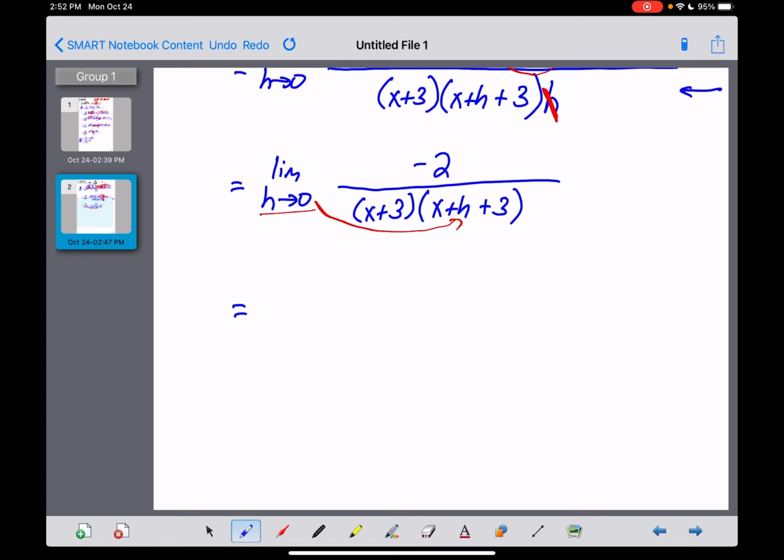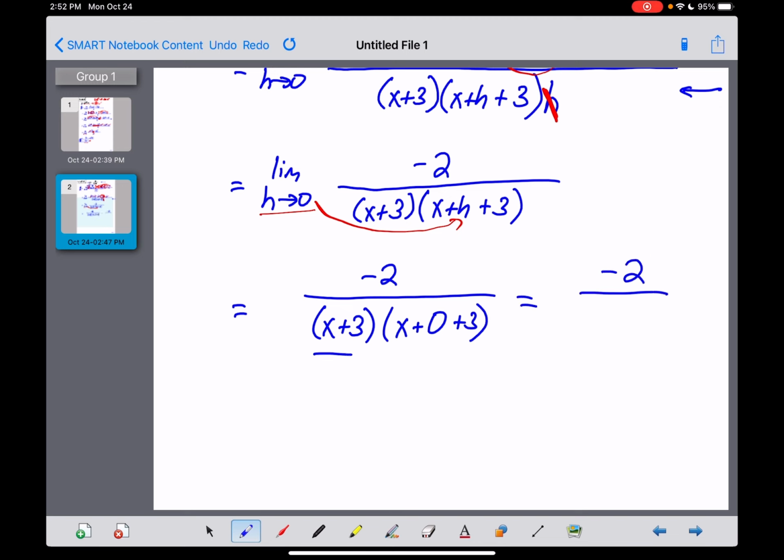This is now going to equal, and I think we can make this substitution so I don't need the limit anymore, negative 2 over, we're not doing anything at all with the x plus 3 out in front, and that h in the second factor there, the trinomial, becomes 0. That's x plus 0 plus 3, which is just going to get us negative 2 over an x plus 3 times another x plus 3. I think I said minus, sorry, plus.